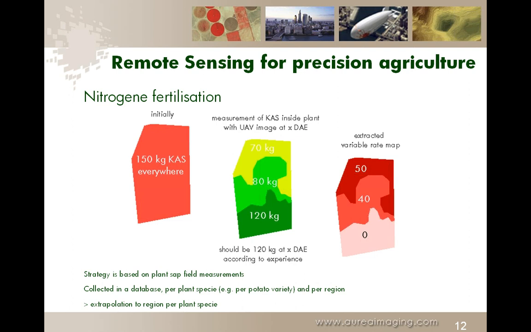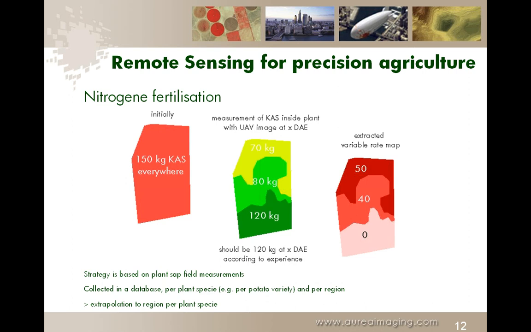Gas is a fertilizer. So now, with this UAV image, we can see the equivalent of how many kilos per hectare of nitrogen is still available in the plant.